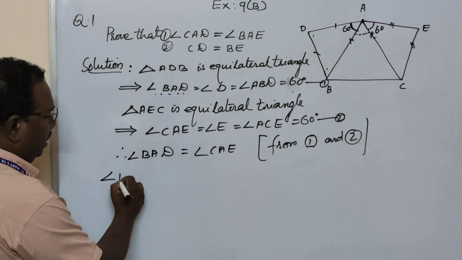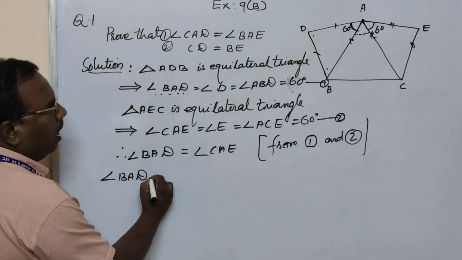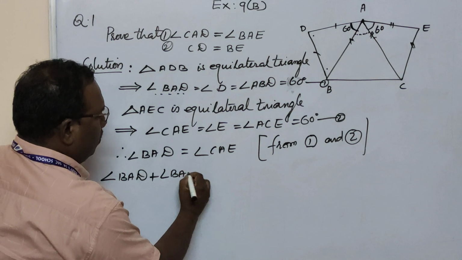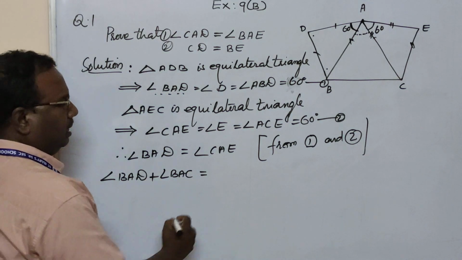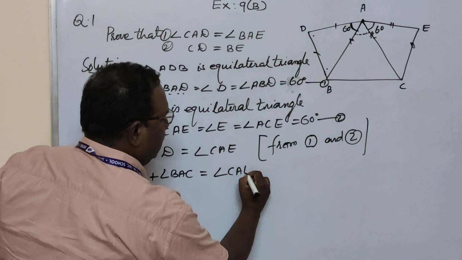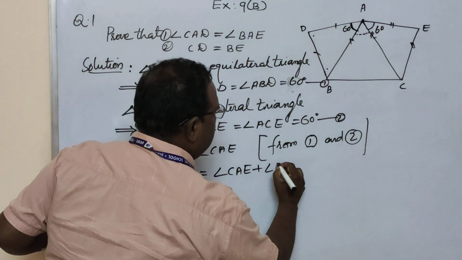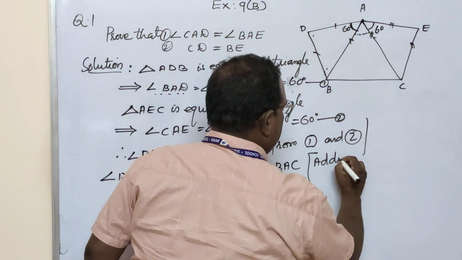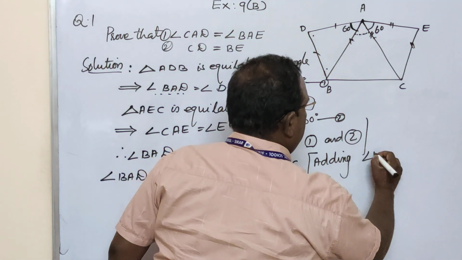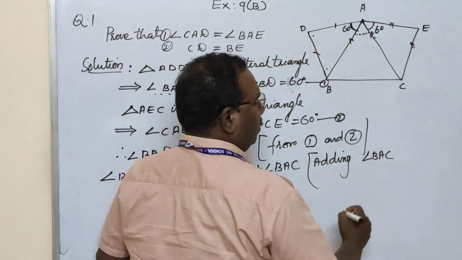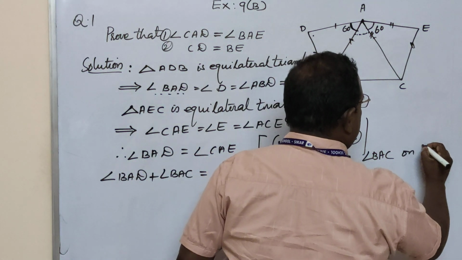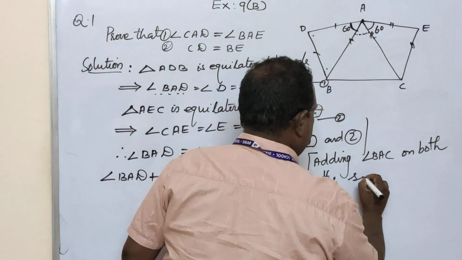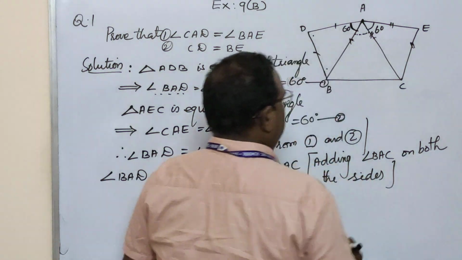Now, I am adding angle BAE on both sides. Angle BAC equal to angle CAE plus angle BAE. What do you mean by this?